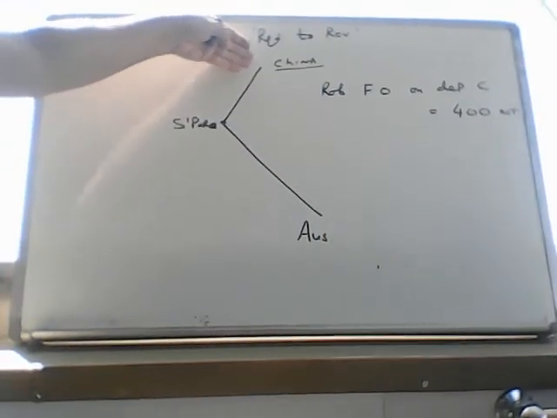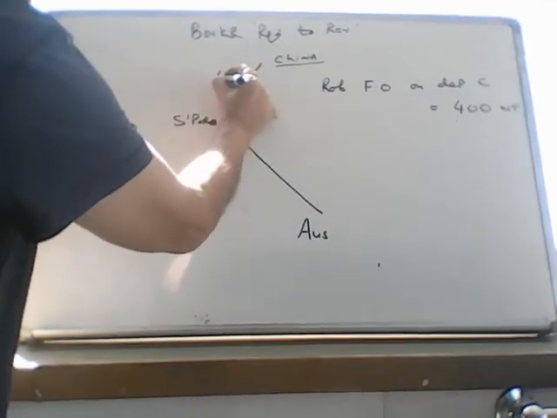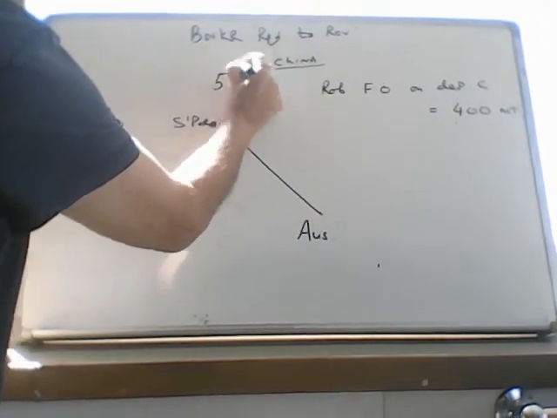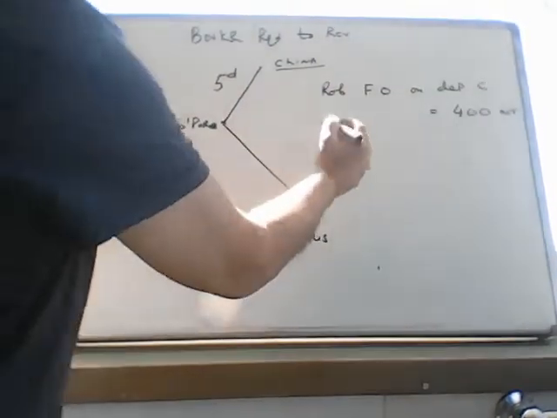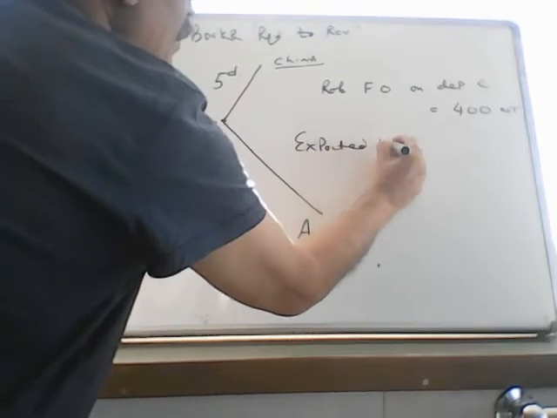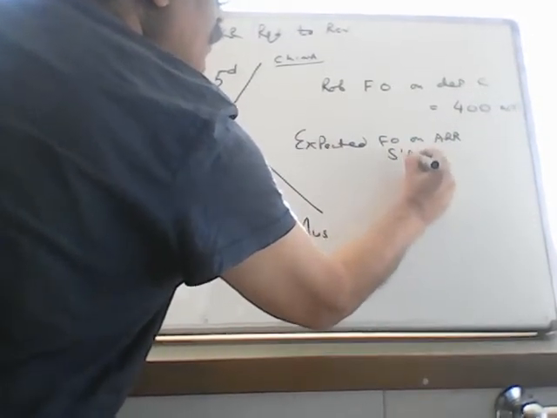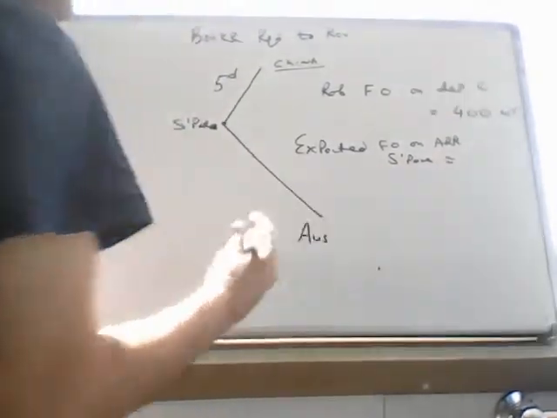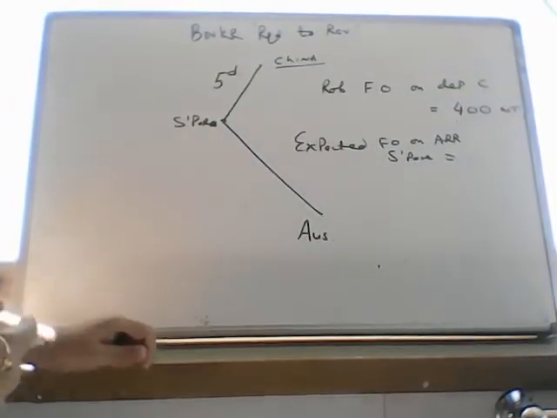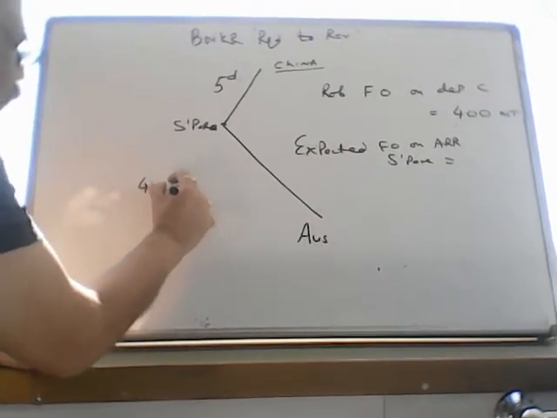Then voyage from China to Singapore, you calculate, let's say, 5 days. So then you calculate expected ROB on arrival Singapore. Now 5 days sailing, let's say per day 40 tons consumption.